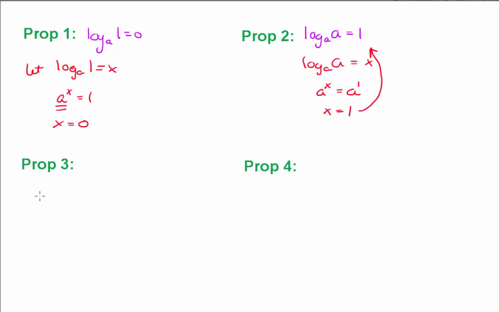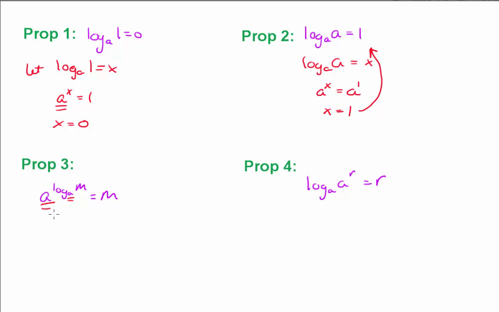The third property says that a to the log base a of m is equal to m. The fourth property says that log base a of a to the r is equal to r. What I really want to focus on with these two is the fact that the base here and the base here are the same.